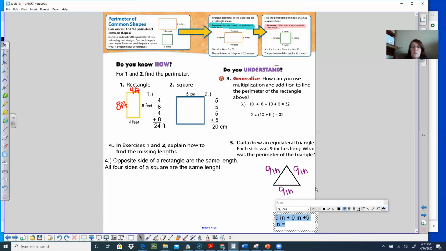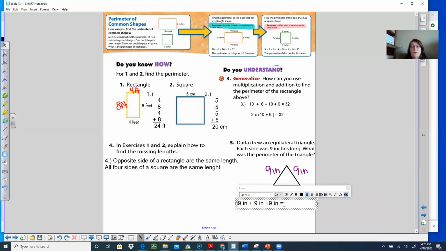Let's go to 22. That'd be a nice size. Okay. You can either grab 9, add 9, grab 9, add 9, or you can do 9 times 3. And all of us at this point in 3rd grade should have 9 times 3 memorized and know that that's 27. So please make sure that you have labeled it 27 inches.